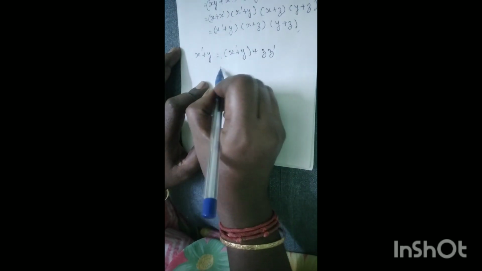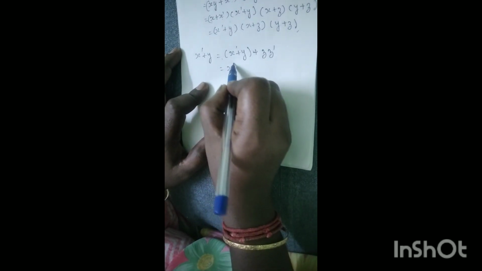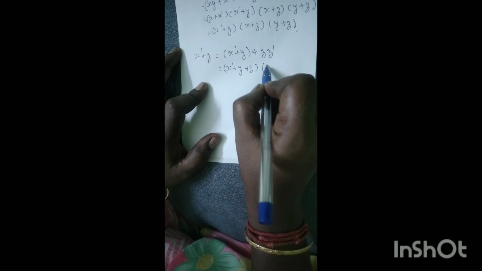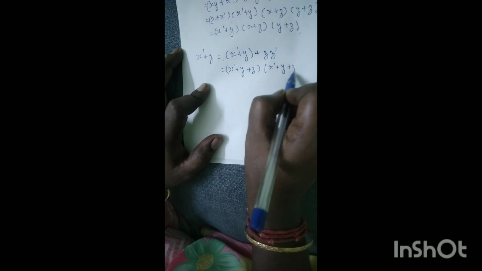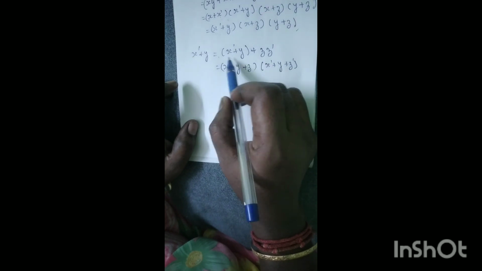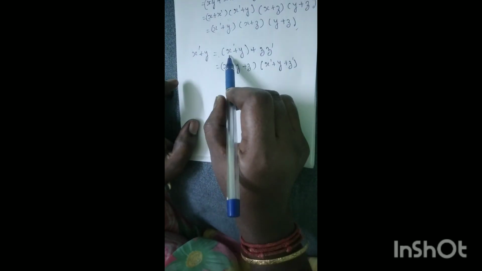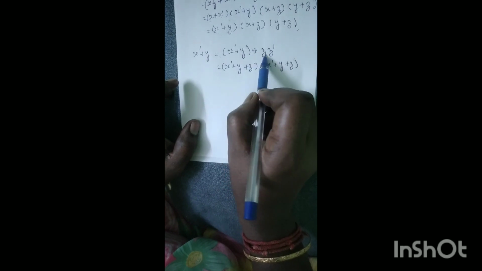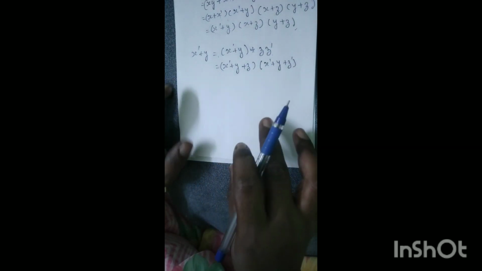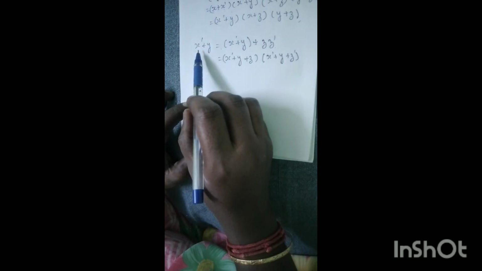Then we apply the distributive law to this expression. It becomes x dash plus y plus z into x dash plus y plus z dash. Okay, now we have all the variables in the max terms.